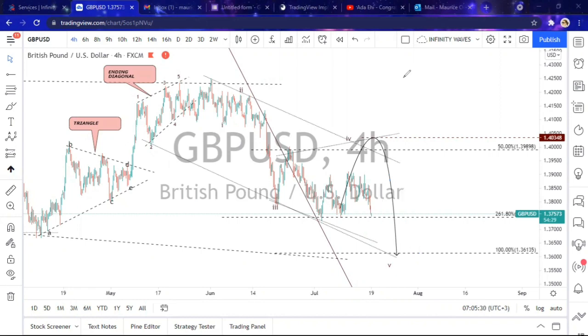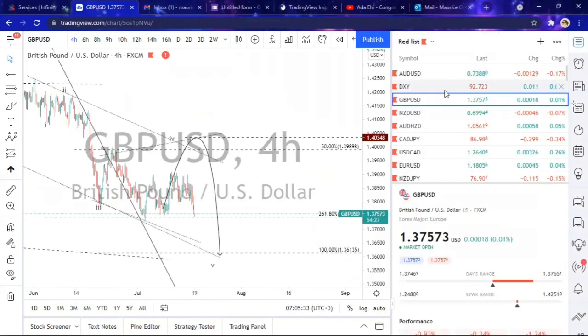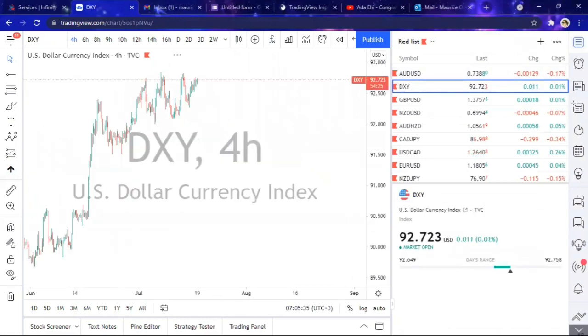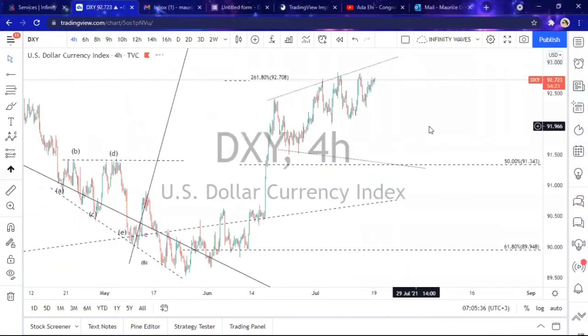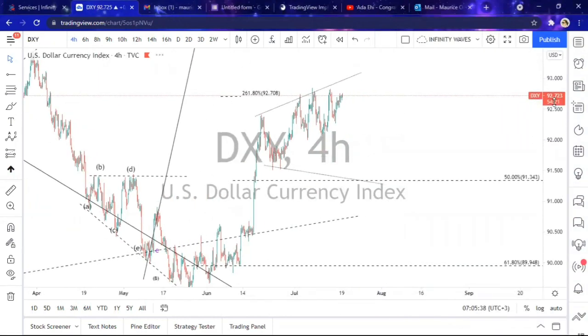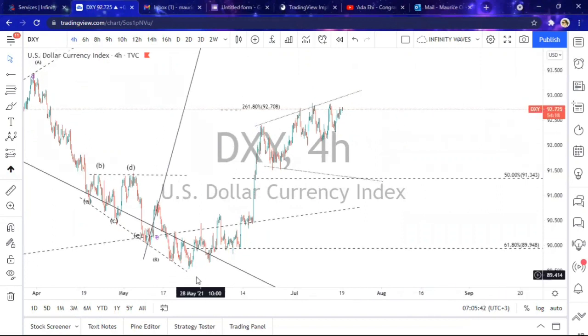US dollar. Let's look for another pair, DXY. DXY, our move is inside this structure. From our previous analysis and the video we did last week, we were still in this structure. But the last 3 weeks, we were still around this area, around June.